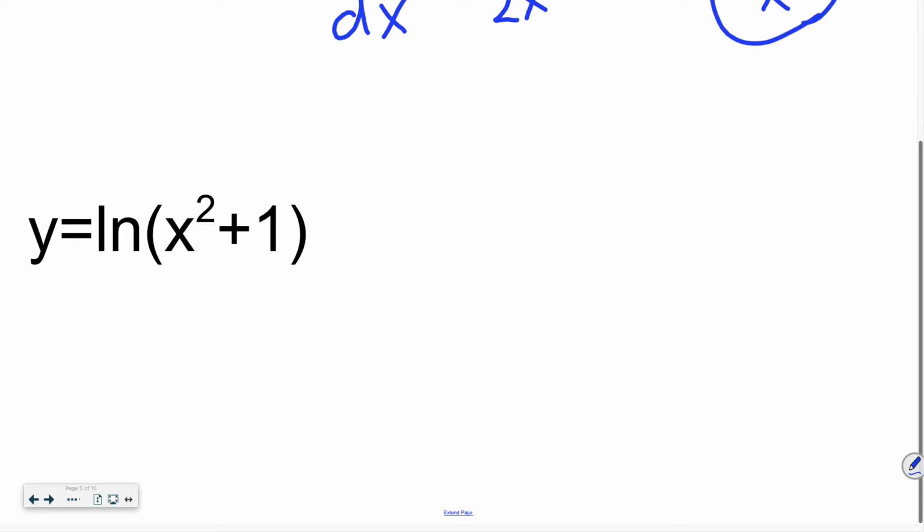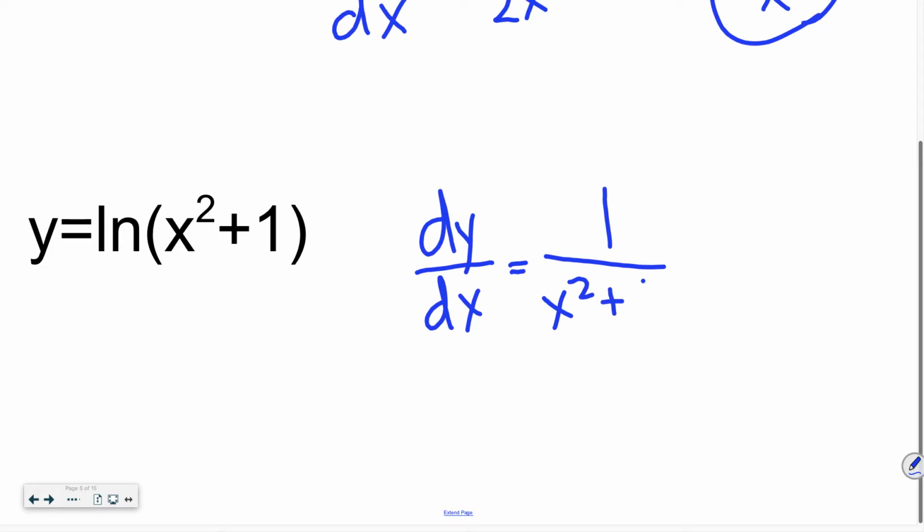Think about it or write it down. The derivative of any natural log is 1 over, copy paste, right?